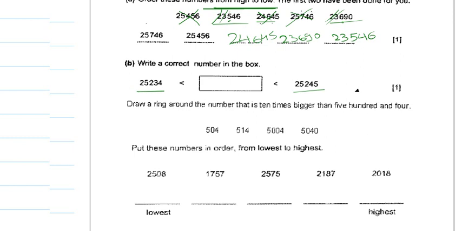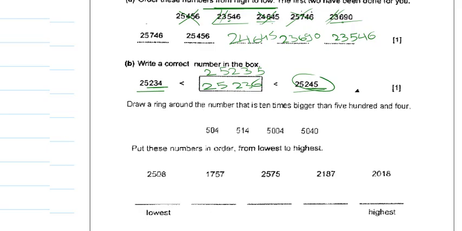For example, you can use 25,235. This number is greater than 234 and less than 245. Or this number 25,236 and so on. But you can't write a number more than 25,245.